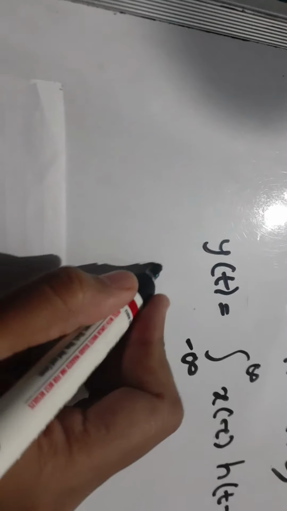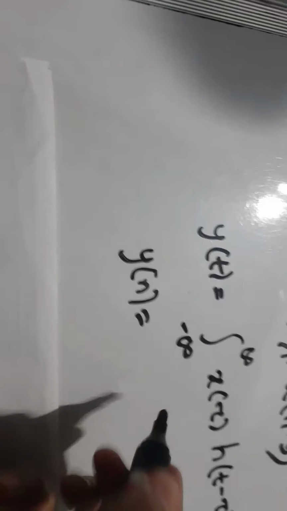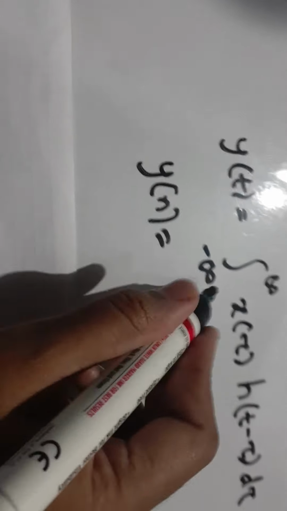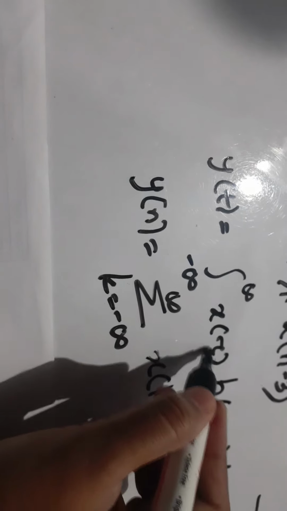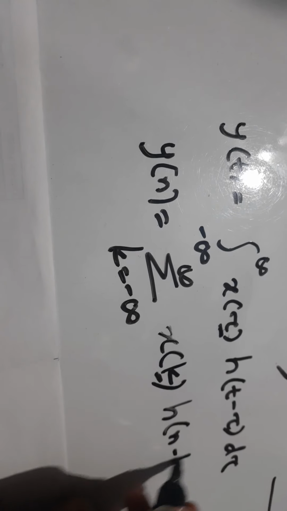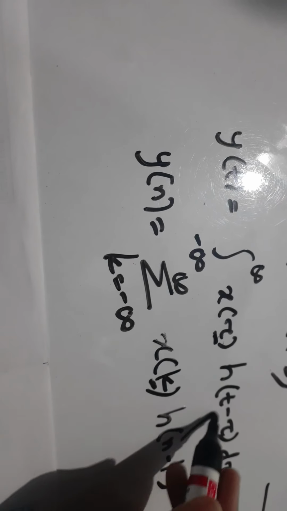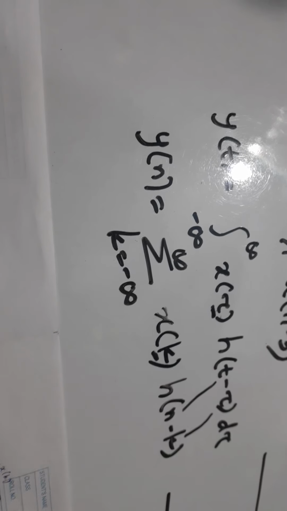And in the convolution sum equation, y of n is equal to summation k from minus to plus infinity, integration is replaced with summation, range remains same, x of k, tau is replaced with k, h of n minus k, t is replaced with n, tau is replaced with k. So based on this equation, we will try to follow the procedure.